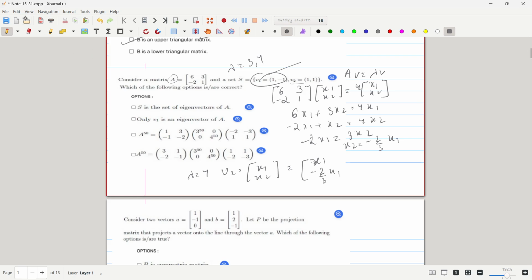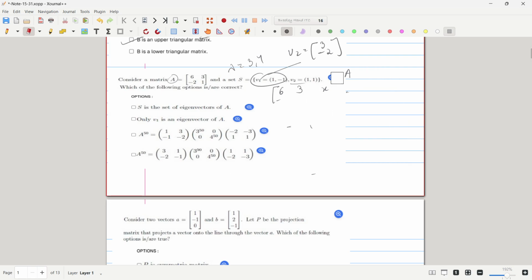If I multiply the whole with 3, I will get 3 minus 2. So for lambda is equal to 4, I get the eigenvector as 3 comma minus 2. So these are our eigenvectors.